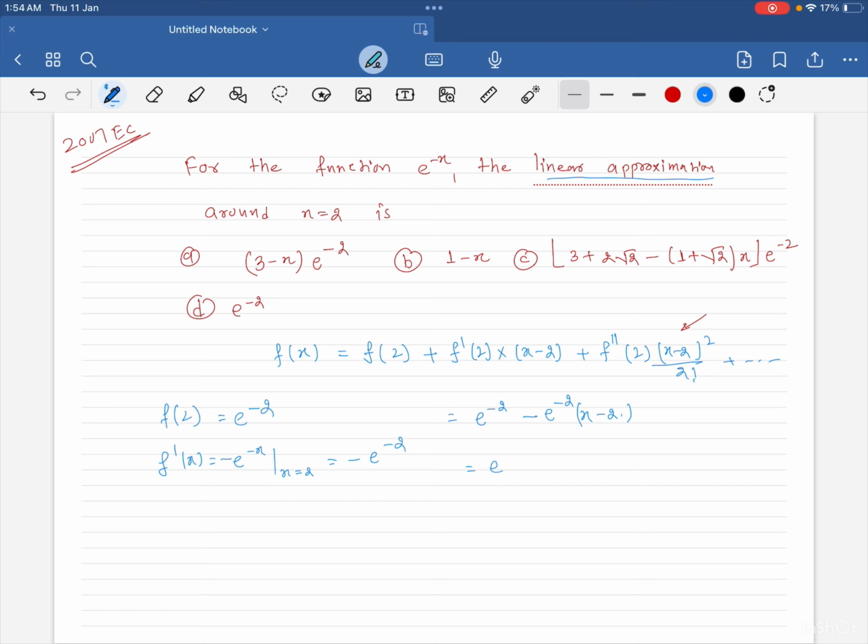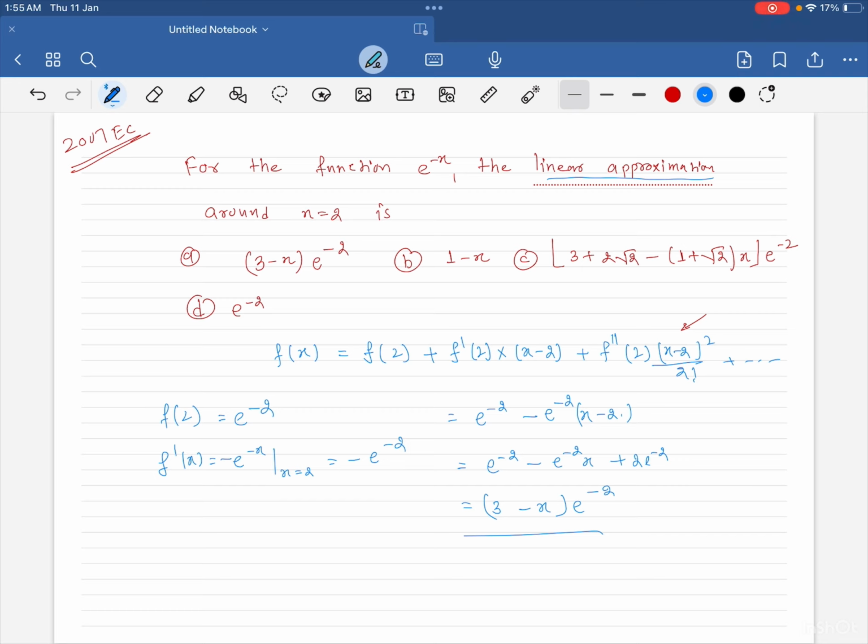Now we can take this common, e to the power minus 2, so this is e to the power minus 2 minus e to the power minus 2x plus 2 e to the power minus 2, so that is going to be 3 minus x into e to the power minus 2, right?